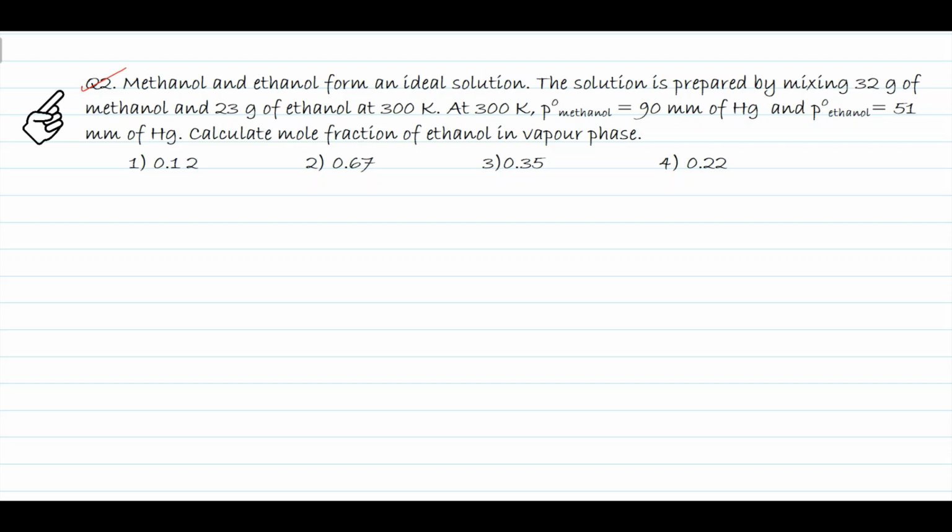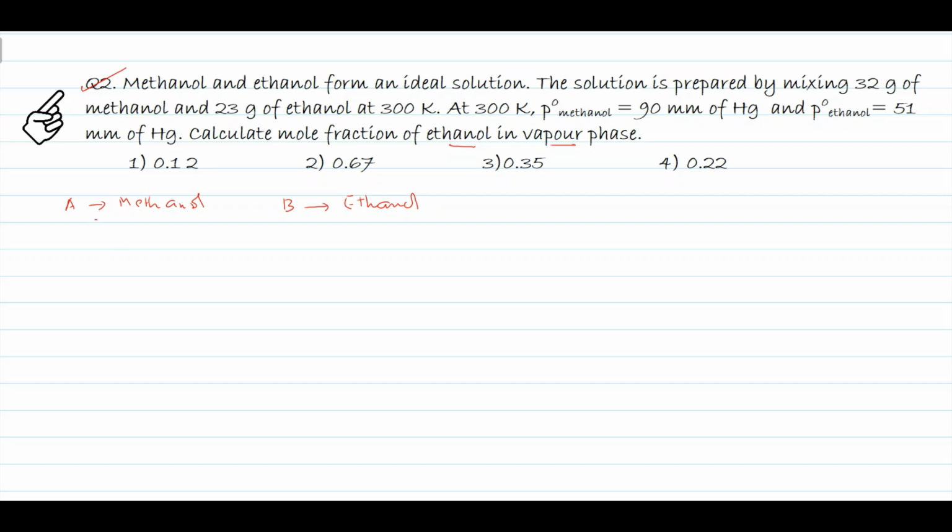Calculate mole fraction of ethanol in vapor phase. In the question they are asking to calculate mole fraction of ethanol in vapor phase. Here I am assuming A represents methanol, B representing ethanol.